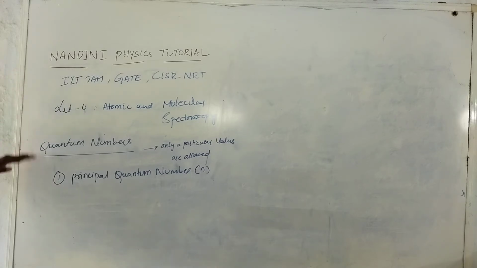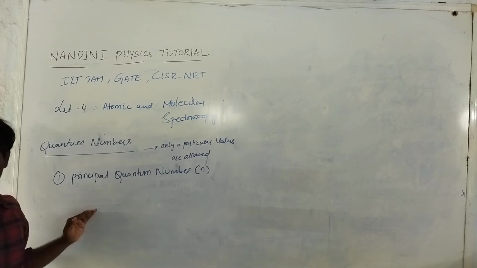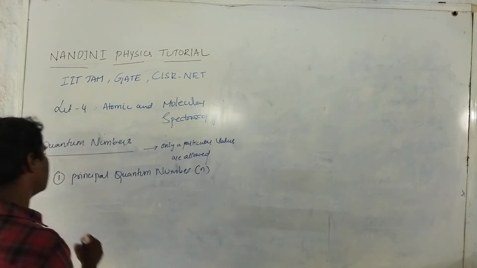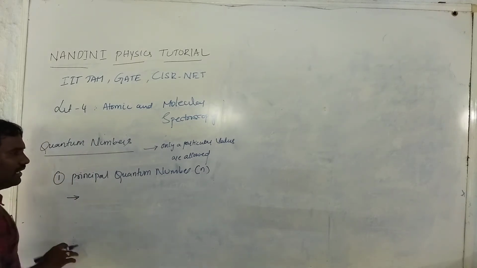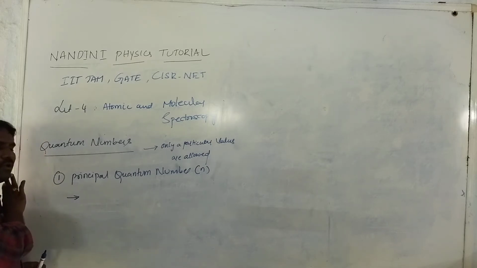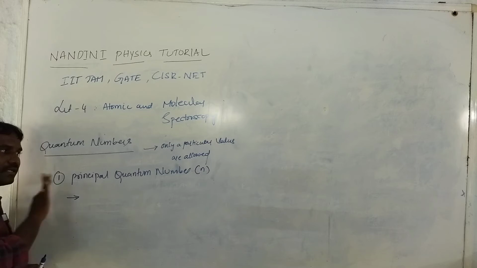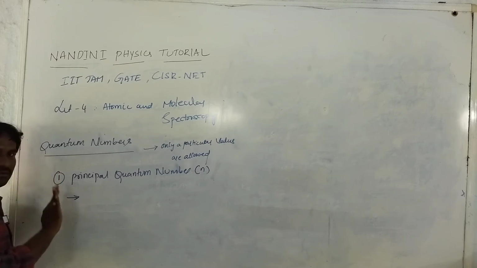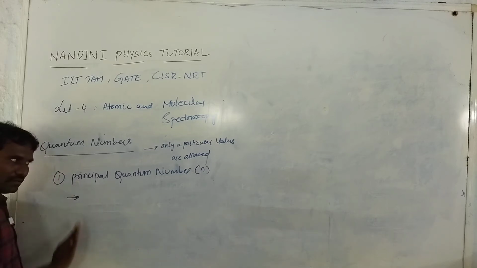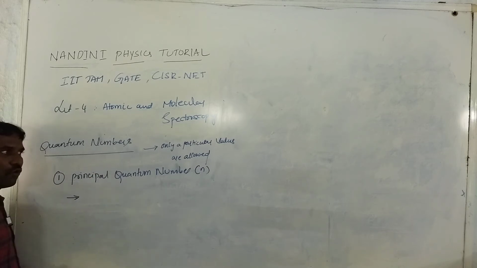The principal quantum number quantizes energy and radius. I'm not discussing pure theory here, I discuss only the very important points involved in the principal quantum number.